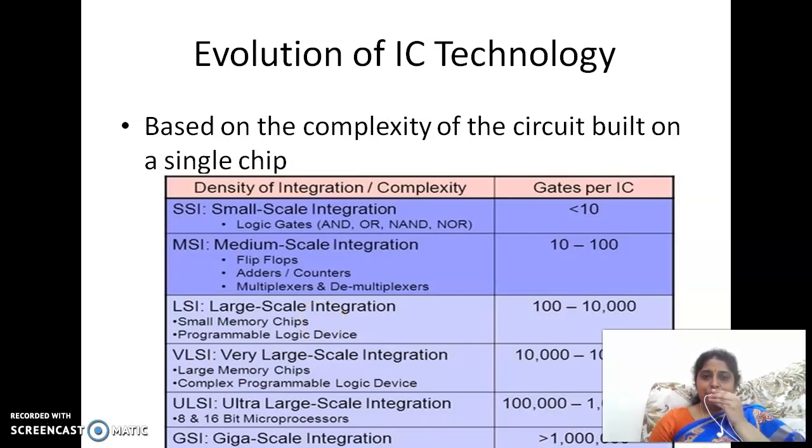VLSI has large memory chips, CPLDs. And ultra large scale integration has microprocessors, microcontrollers and so on. Ultimately, increasing levels of integration means increasing complexity, that is, too many components are put together on an IC to form a complex, sophisticated application.